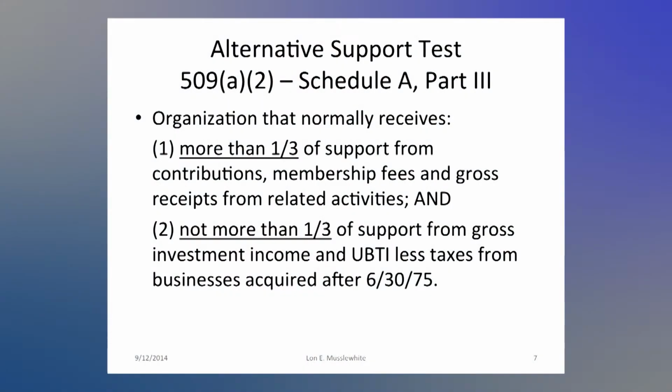Under the 509A2 test, an organization that normally receives more than 1/3 of its support from contributions, membership fees, and gross receipts from related activities will pass as long as it also does not receive more than 1/3 of its support from gross investment income and UBTI, which is unrelated business taxable income, less taxes that it has to pay from businesses that it acquired after June 30, 1975. So this is a two-part test, a more than 1/3 test and a not more than 1/3 of support from gross investment income and UBTI.